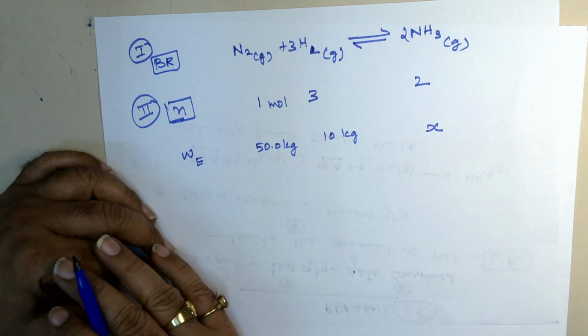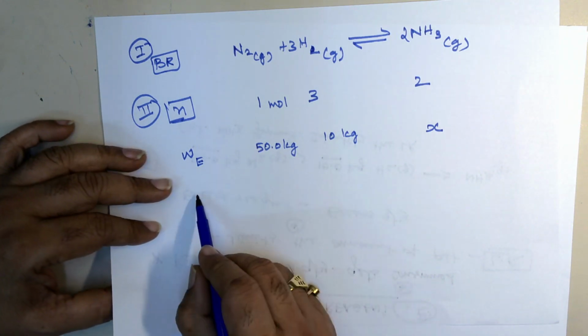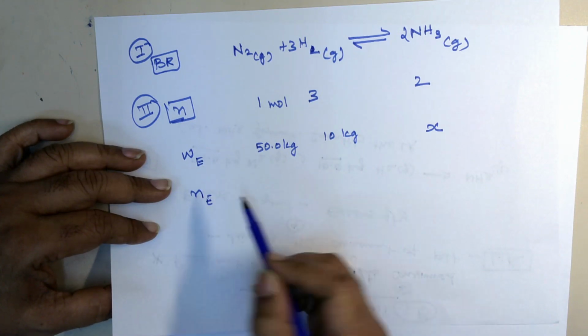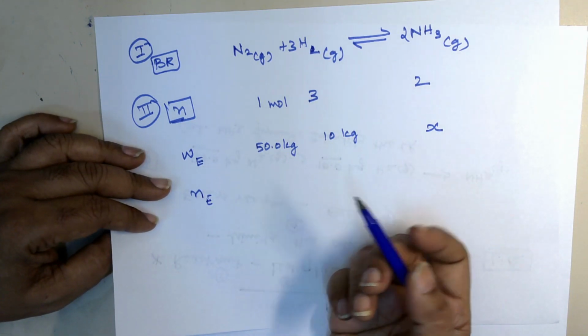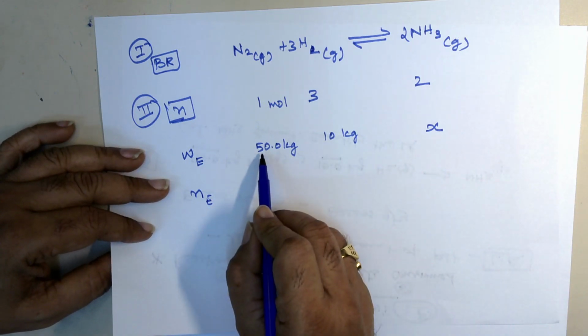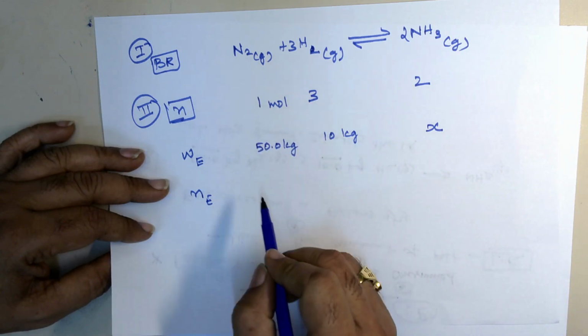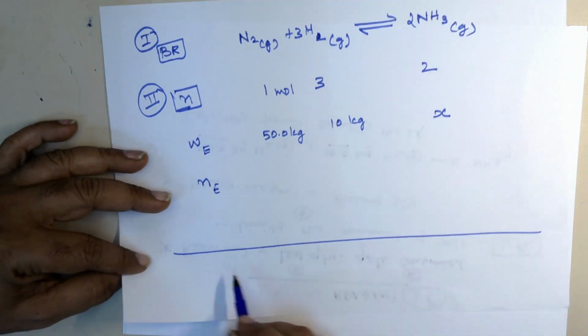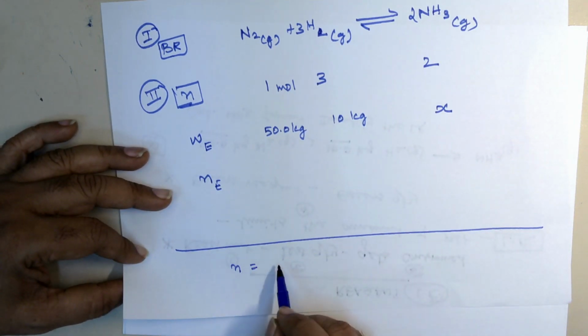So let us work out the number of moles of the experimental reagents. For 50 kg, what is the mole? What is the formula you are supposed to use to calculate n?